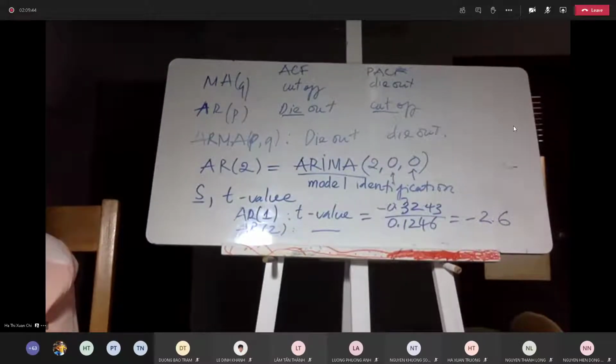So after we calculate the p value, what should we do? Everyone, who can let me know?